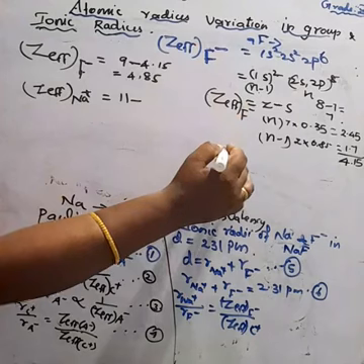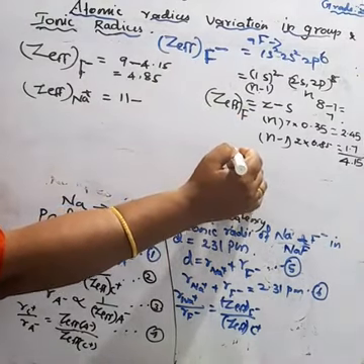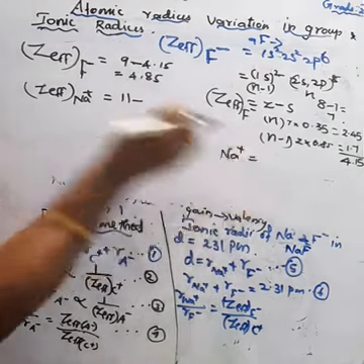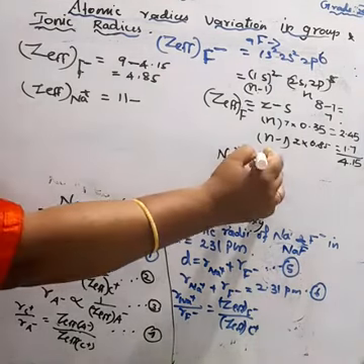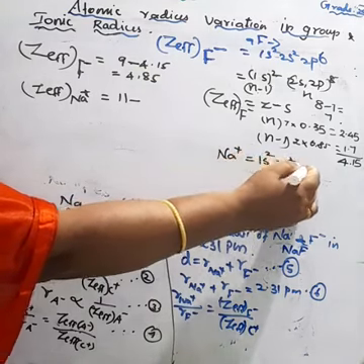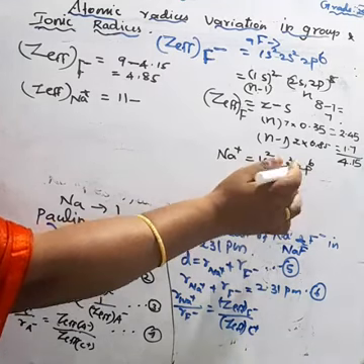For the Na+ ion, the effective nuclear charge is equal to Z minus the screening constant. To calculate the screening constant, what is the electronic configuration for the sodium ion? 1s2, 2s2, 2p6. The 3s electron is removed.